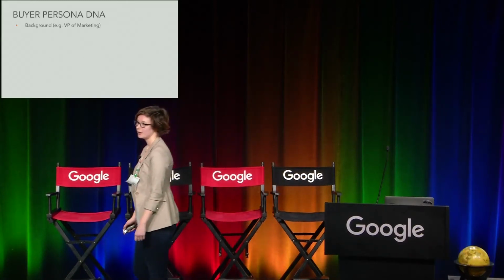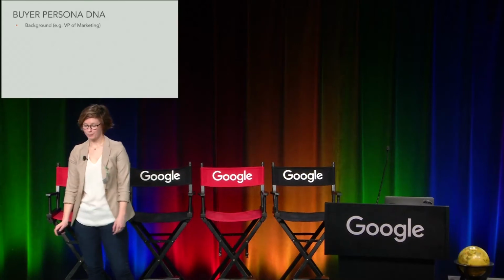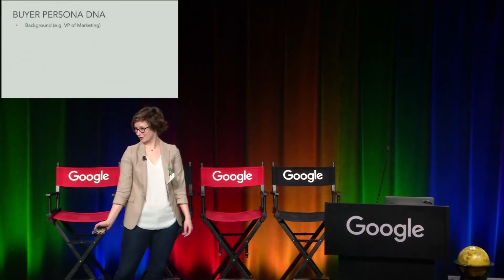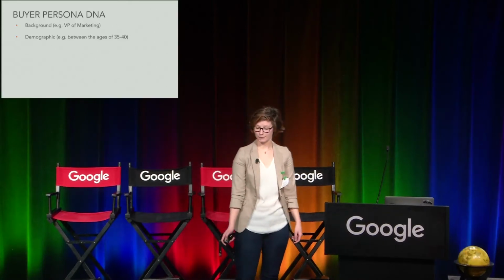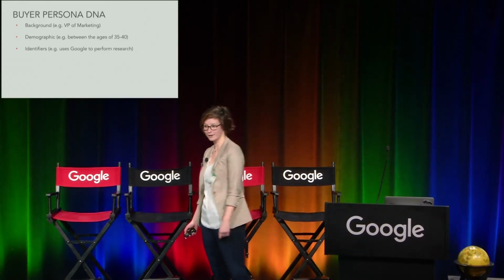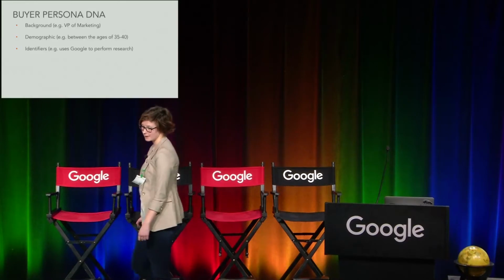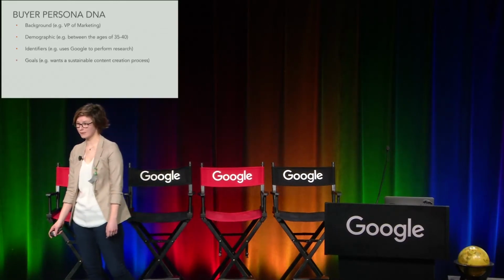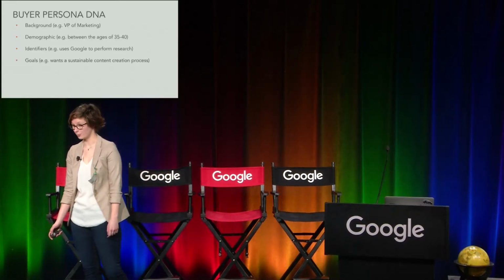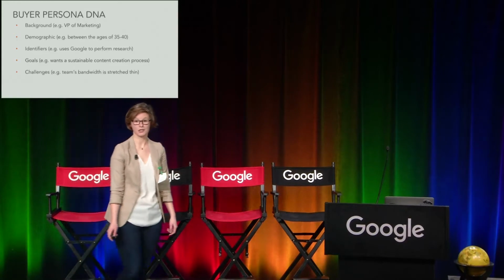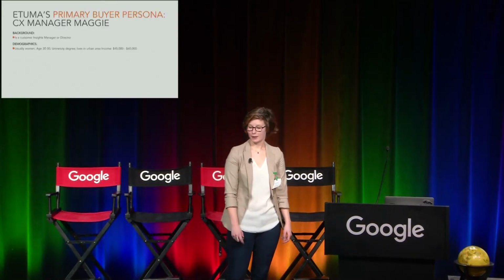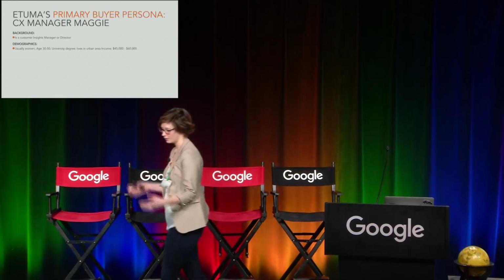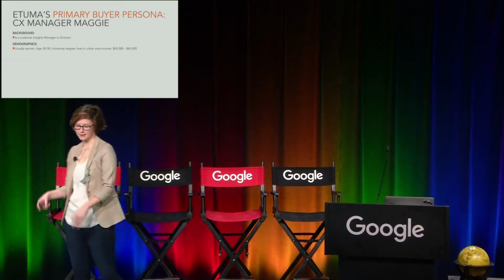So it's going to include your ideal customer's background, how they function in the world, potentially any demographics that might set them apart, any identifiers or channels that they're going to be using, goals that they might want to be accomplishing with you and your product, and any challenges that might prevent them from getting there. So we're going to take a look at how a.Three used this to craft their own directed ideal customer.